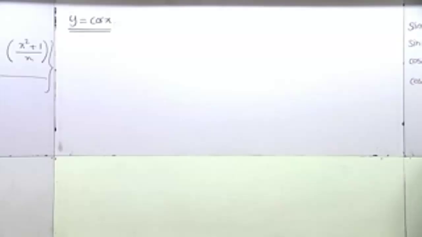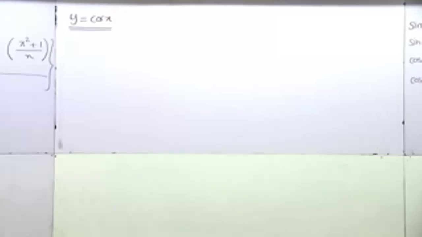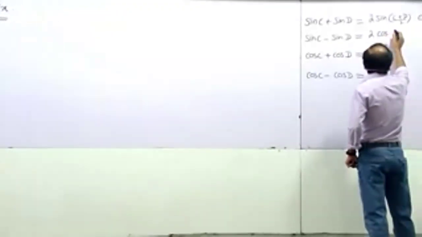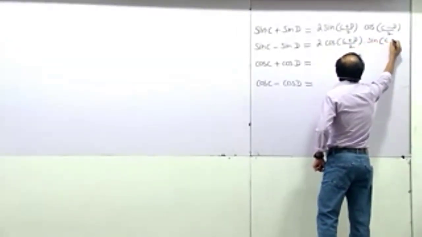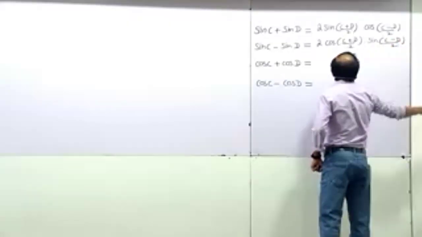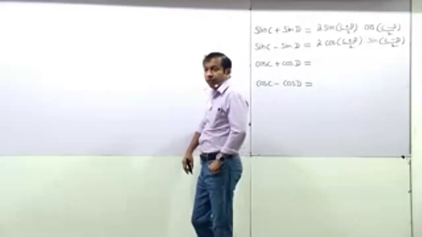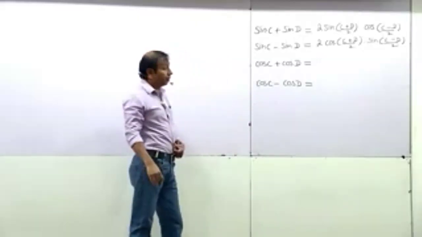Add these two angles and divide by 2, so it is C plus D by 2, and here C minus D by 2. When this plus sign becomes minus, cos comes here, sin goes here with the same angles: 2 cos C plus D by 2 sin C minus D by 2. That is how we remember sin C plus sin D and sin C minus sin D.